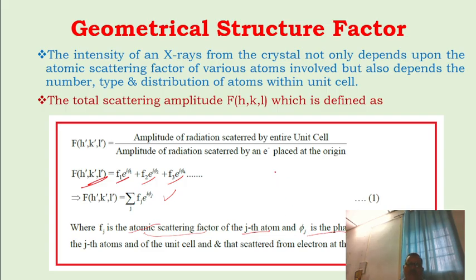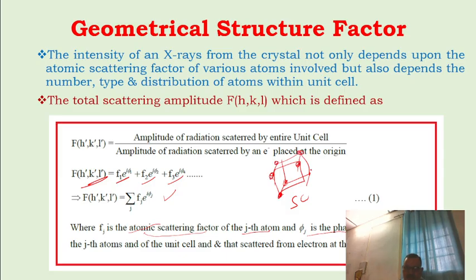So we can say that if the unit cell is like this, and let this be simple cubic, then the atoms are at the corners like this.